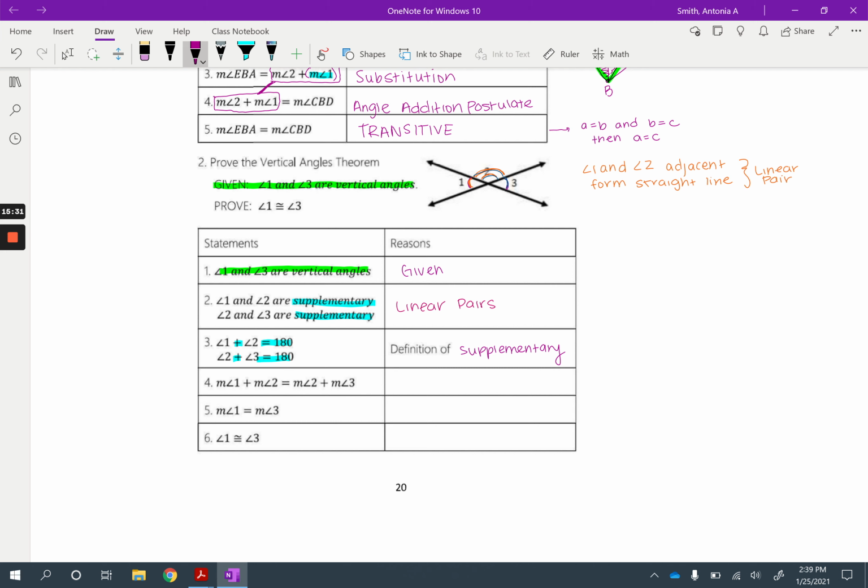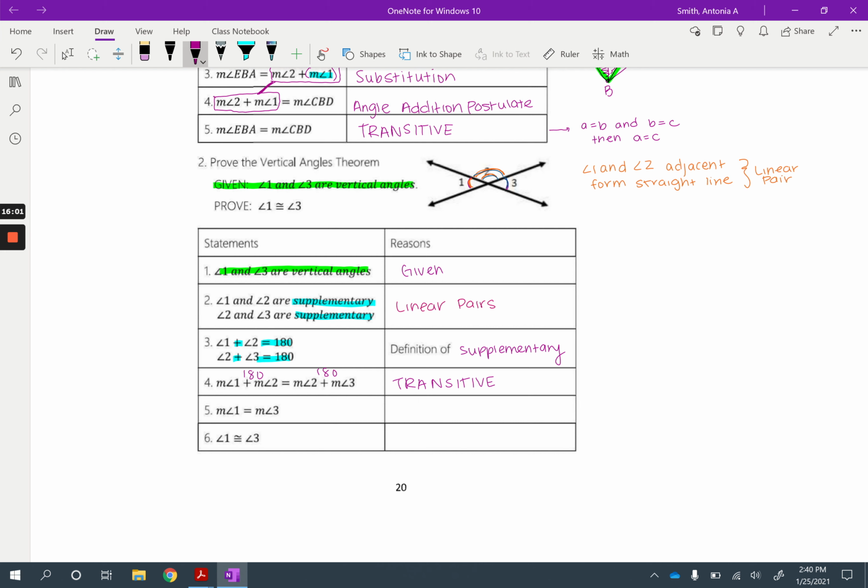Well, the measure of angle 1 plus the measure of angle 2 equals 180, and the measure of angle 2 plus the measure of angle 3 equals 180. That's the reason statement number 3 from up above. So since they both equal 180, they must equal each other. And the name of the property that tells us that is the transitive property.